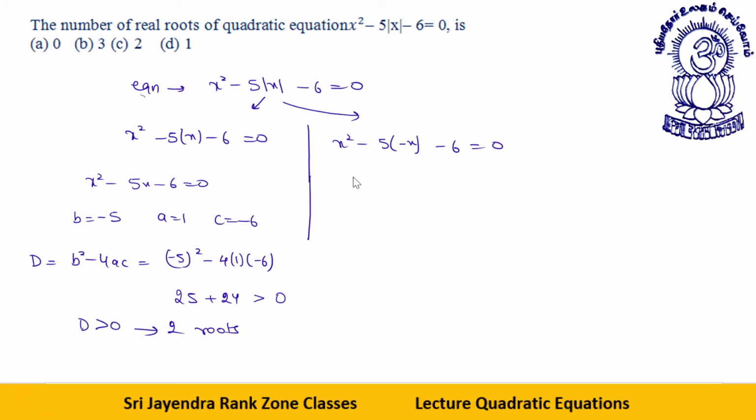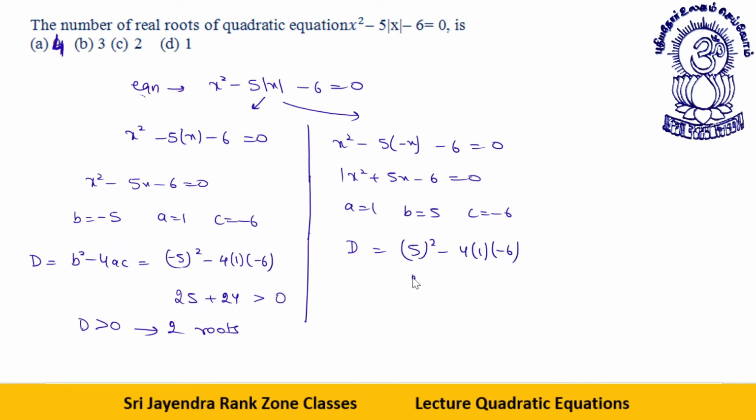Here also, the equation is x square plus 5x minus 6 is equal to 0. A is equal to 1, B is equal to 5, and C is equal to minus 6. D is 5 square minus 4 into 1 into minus 6, that is 25 plus 24.